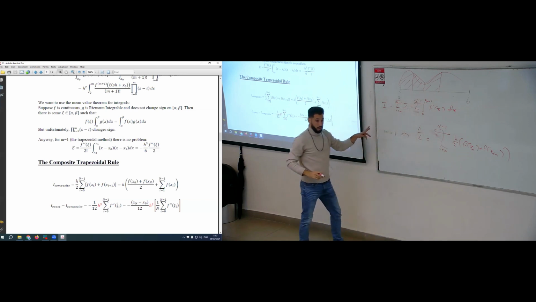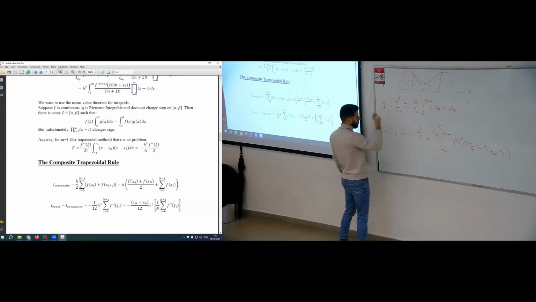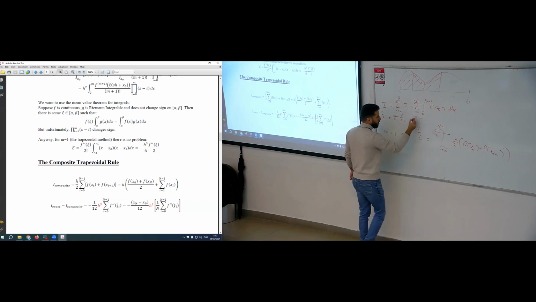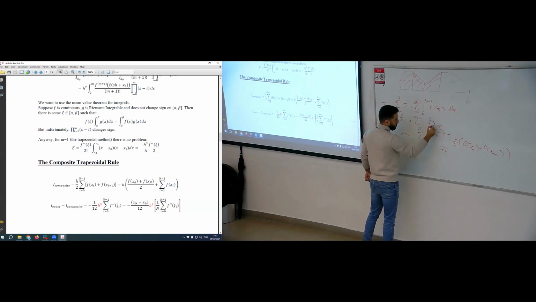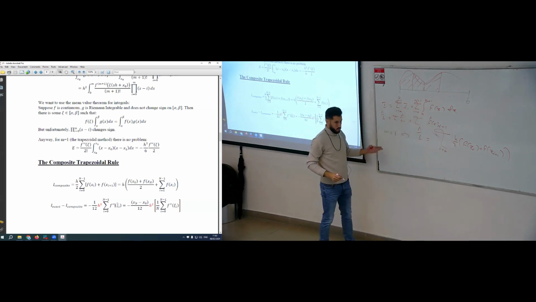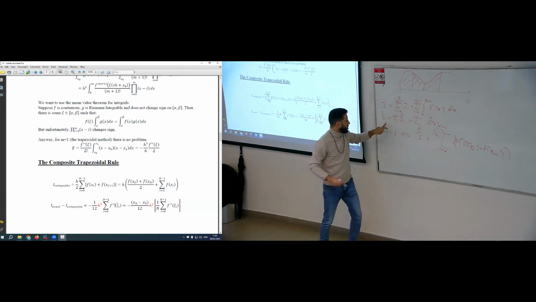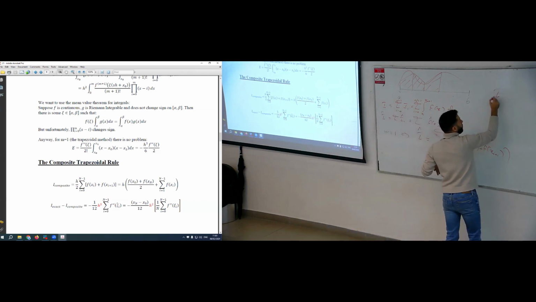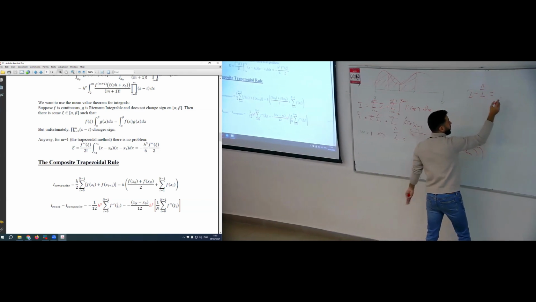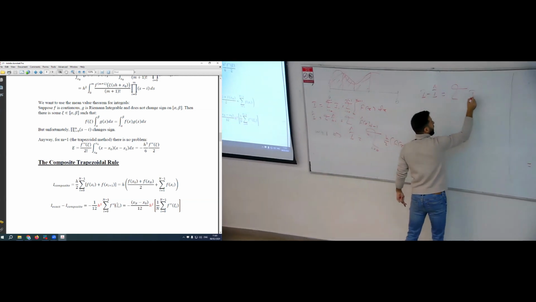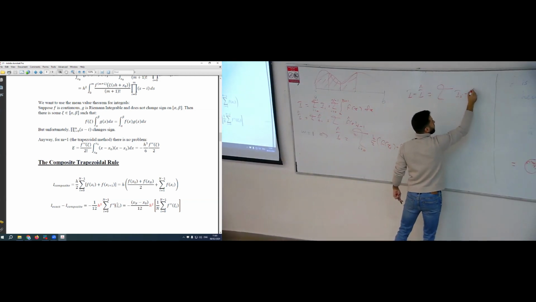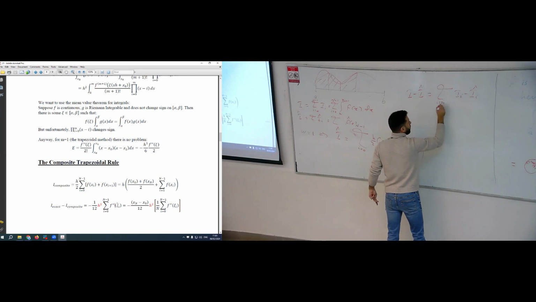That's the exact one. And the approximated one is the same with these, but only put hats. Okay? So now, what is I minus I hat? It is the sum of I minus I hat. That's my error.